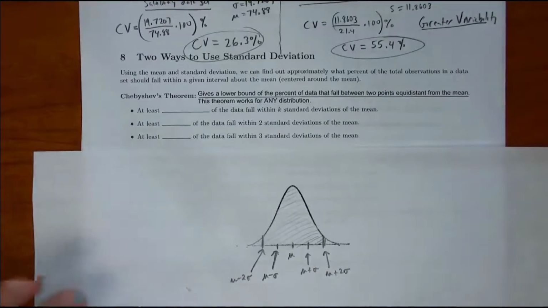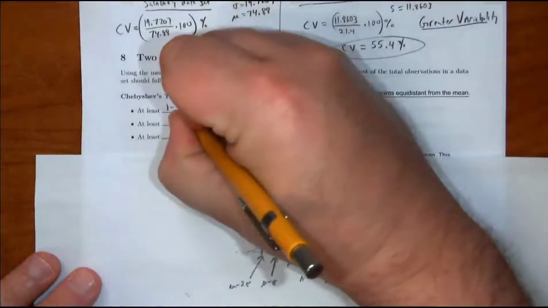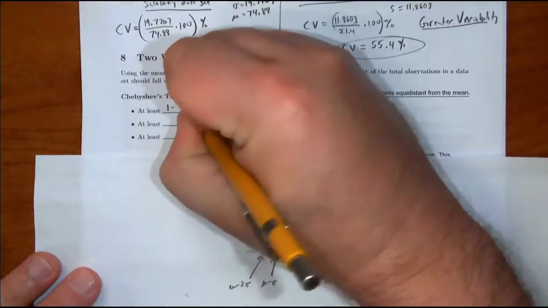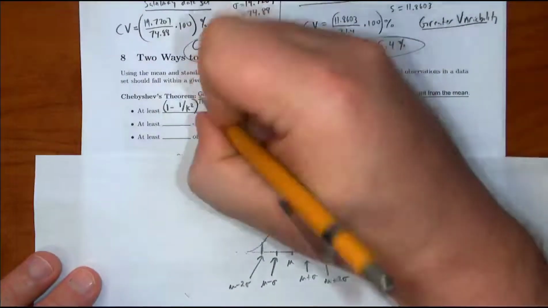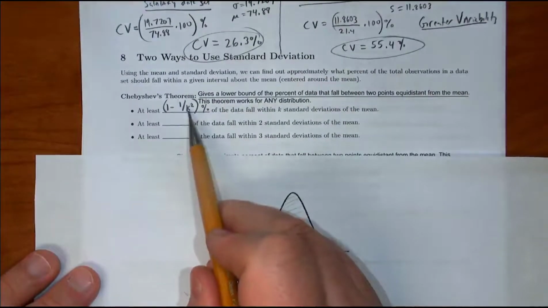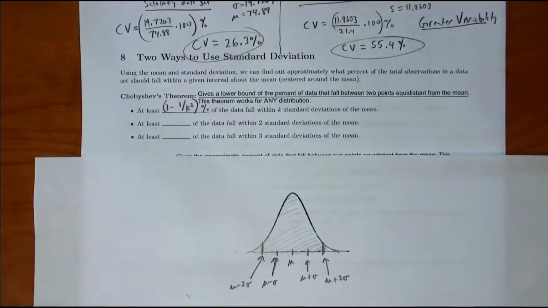It's just a formula. The formula is 1 minus 1 over k squared, as a percent, where k is the number of standard deviations. This picture is for 2 standard deviations.